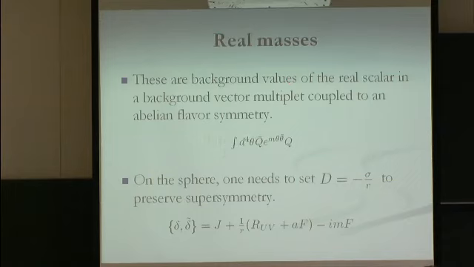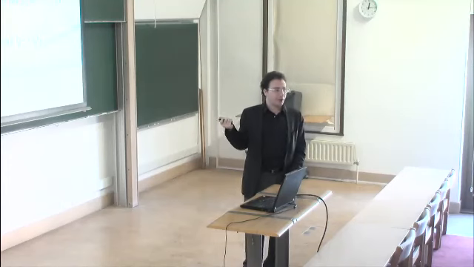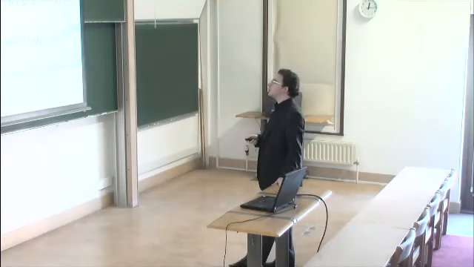And real masses are something in 3D N=2 theories that are also associated to abelian flavor symmetries. Basically, if I have some chiral multiplet Q, the real mass is just this guy. And it doesn't look supersymmetric because it has explicit theta bars. The way to understand it is that this is some component of a background vector superfield. So it preserves supersymmetry if and only if that guy is a flavor symmetry.